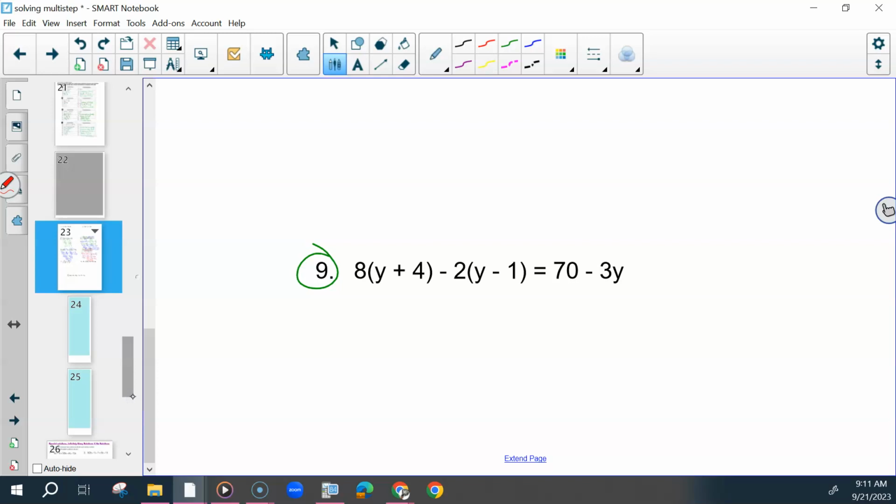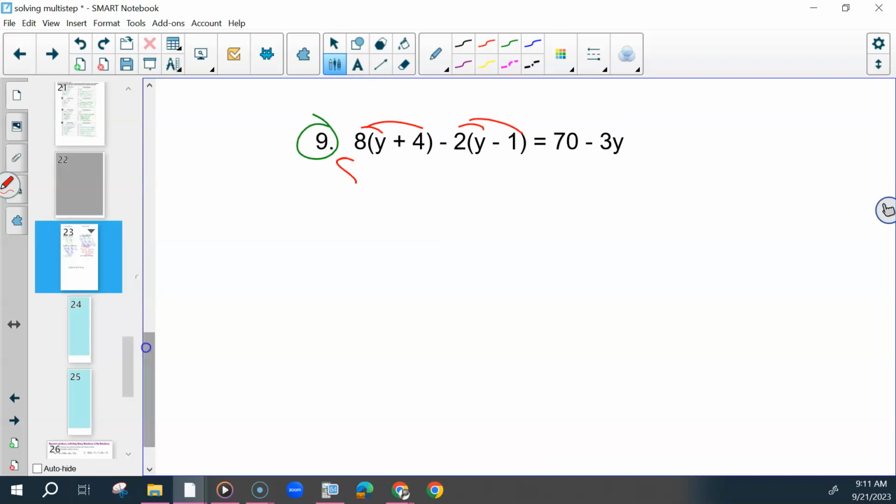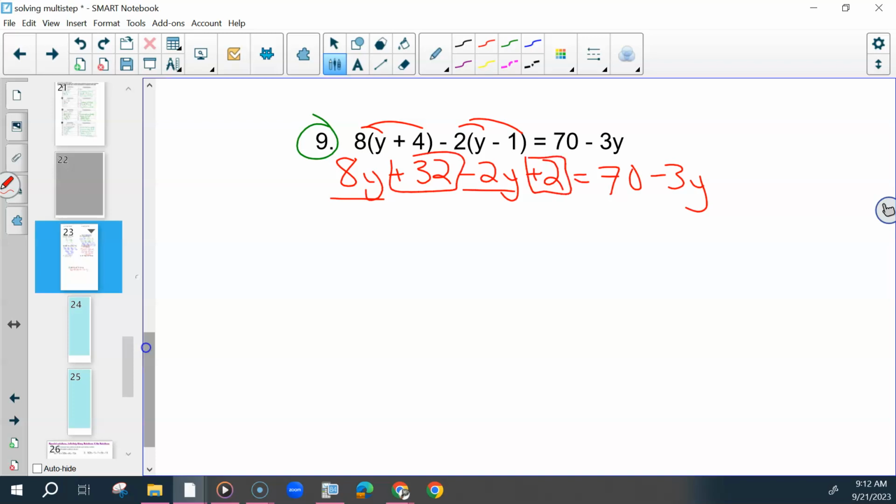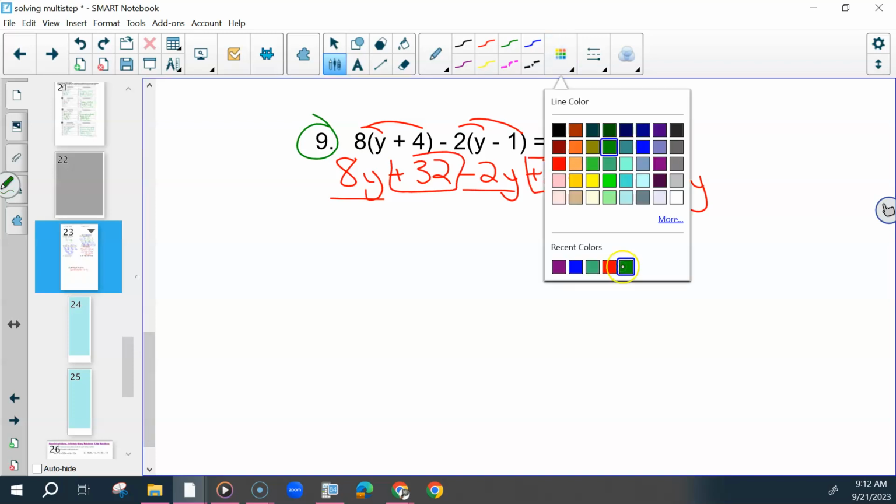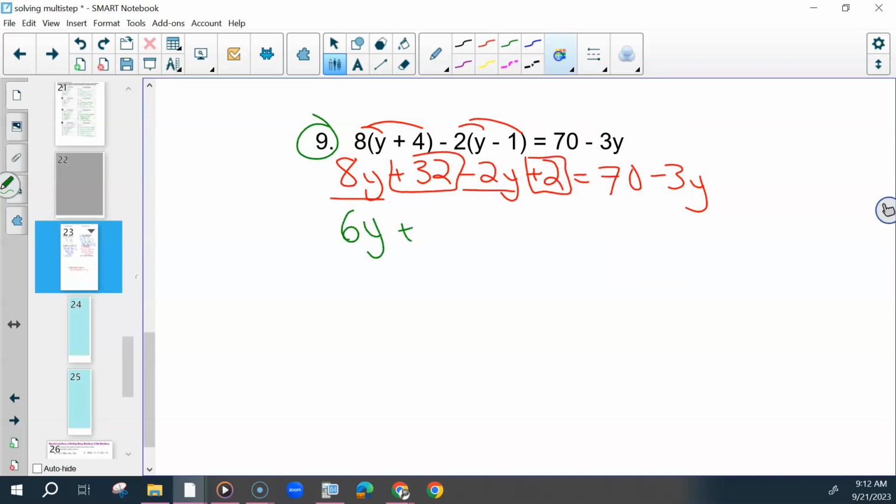And then 9, we're going to distribute twice on the same side. Be careful with your negatives. Double check that you're multiplying 2 negatives so you get a positive. What's our next step? Combine like terms. So 8y minus 2y, 32 plus 2. And you combine like terms, do whatever it says, not the opposite. 6y plus 34.